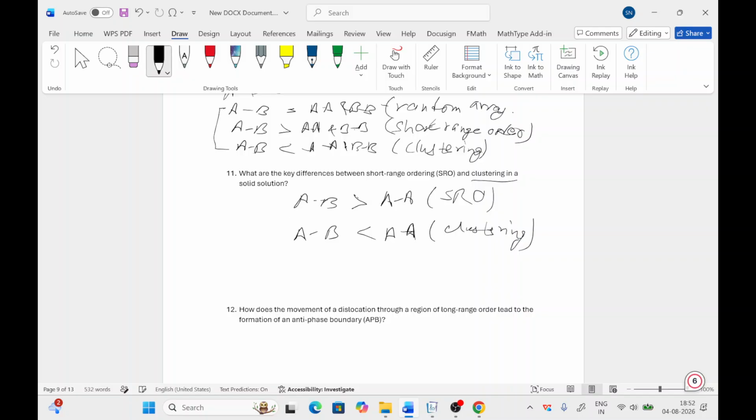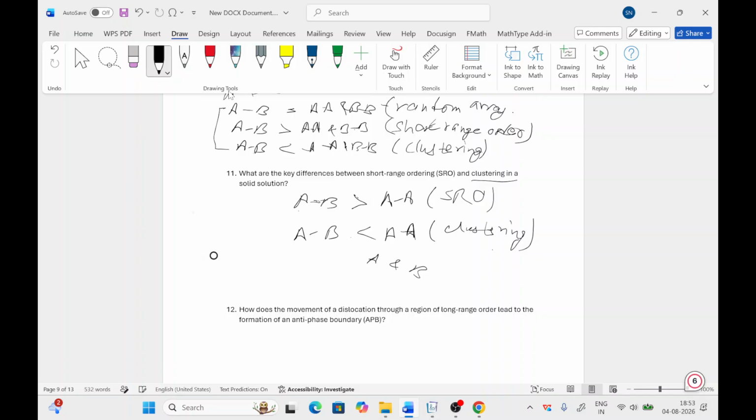The favorable condition for short range order is that the bonding between A and B should be more favorable, and for clustering the bonding between two different atoms is not favorable. Means if it is less, A and B will not make a bond, and that will lead to clustering of AA and BB.